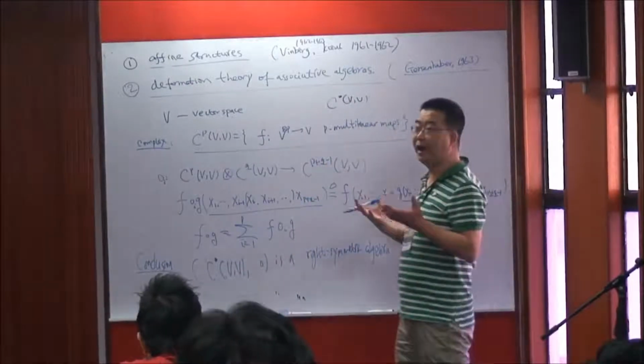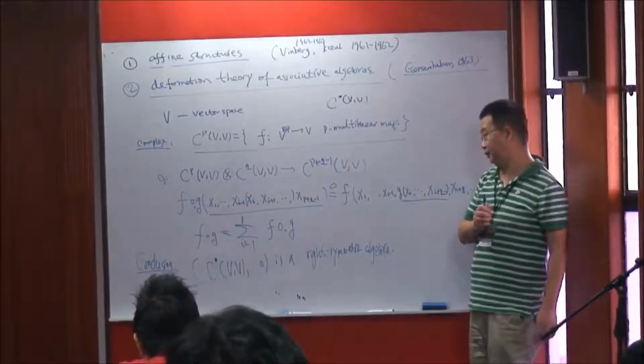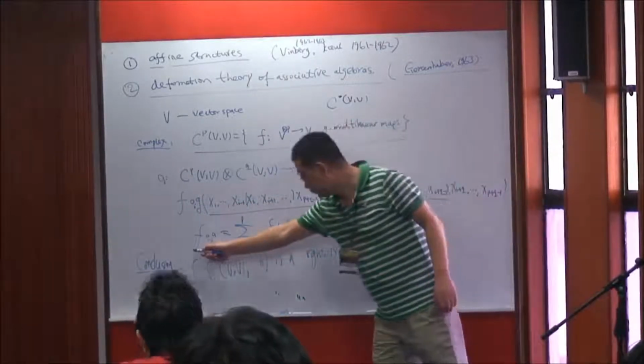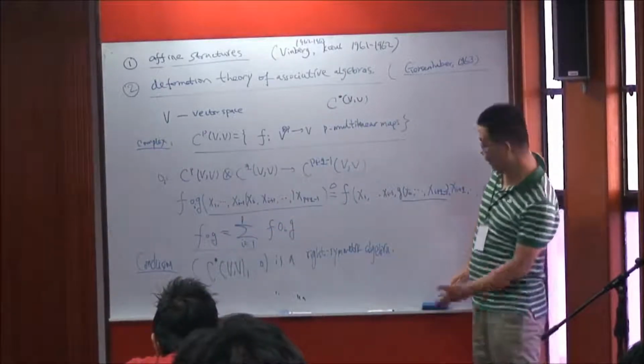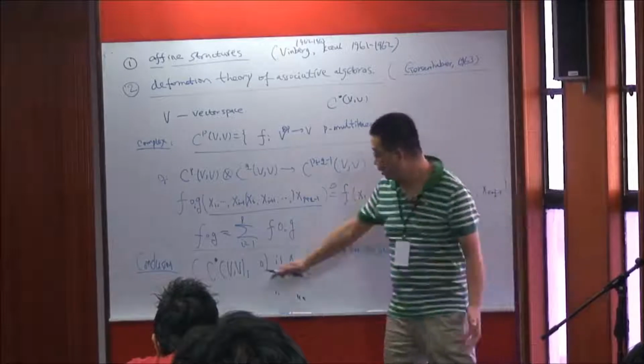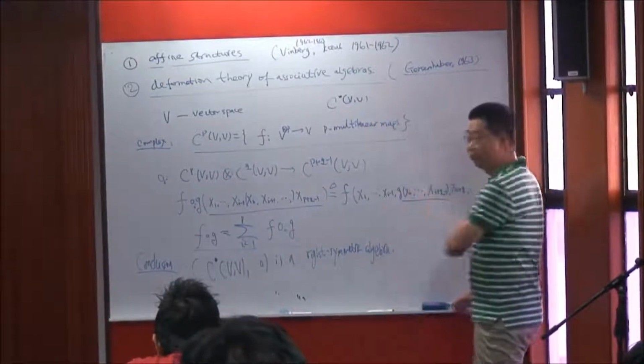So that means for any vector space, by this natural definition, we can define a product on the complex, and it is a right-symmetric one.